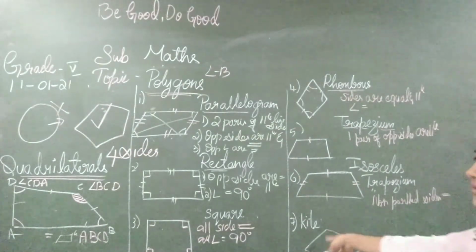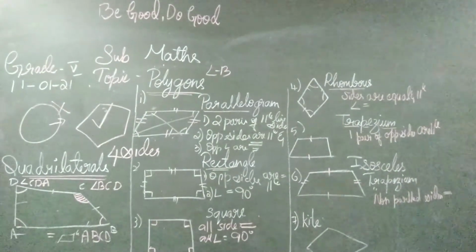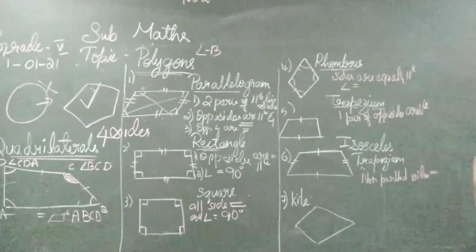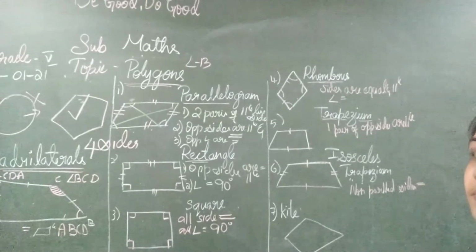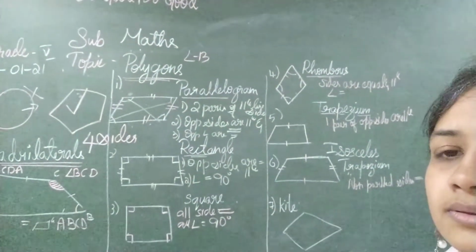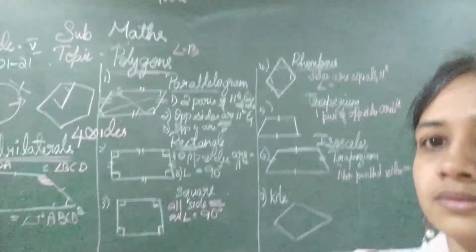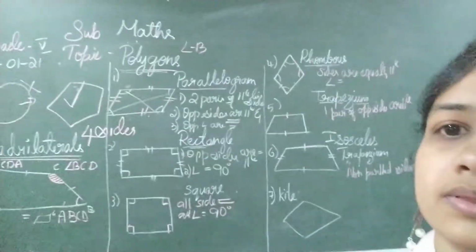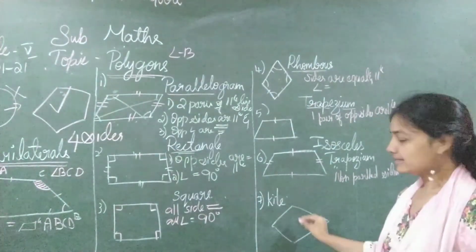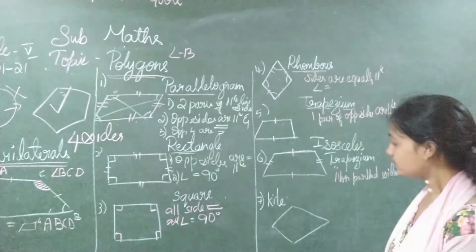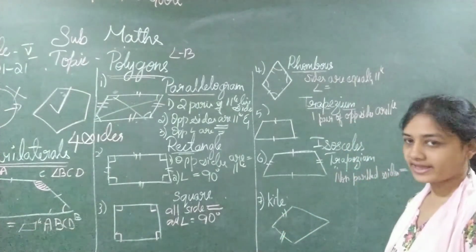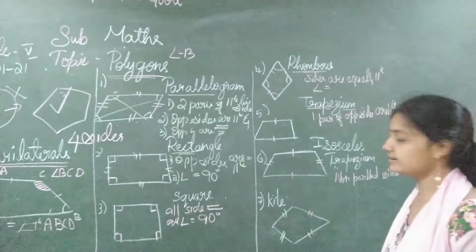Next we are going for a normal shape which you all know, the kite. So what is the property of kite? If you see in the sky, always these two sides are equal and these two sides are equal.